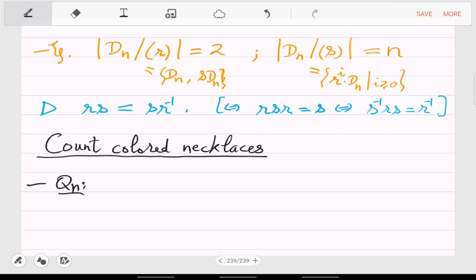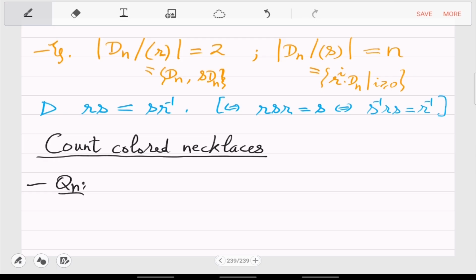The beads will be colored. So the beads which are colored red, they look the same. The ones which are yellow, they look the same. But of course, across they look different. Right? So they are identical beads, but once you color them, they look different because of the color.